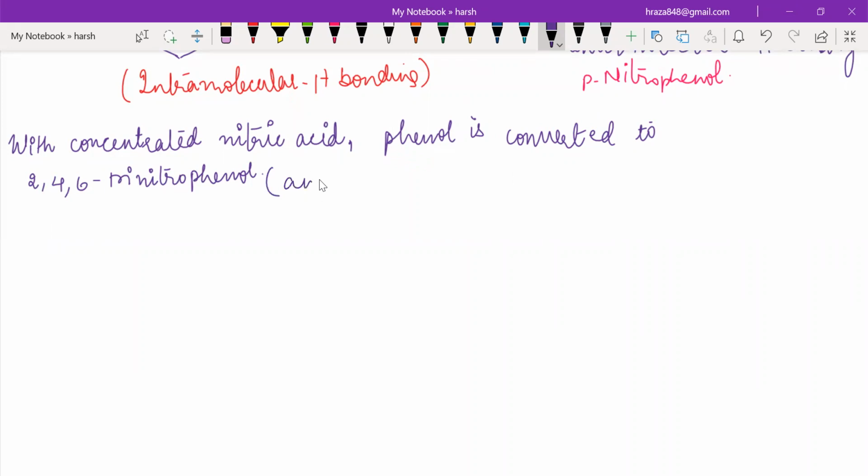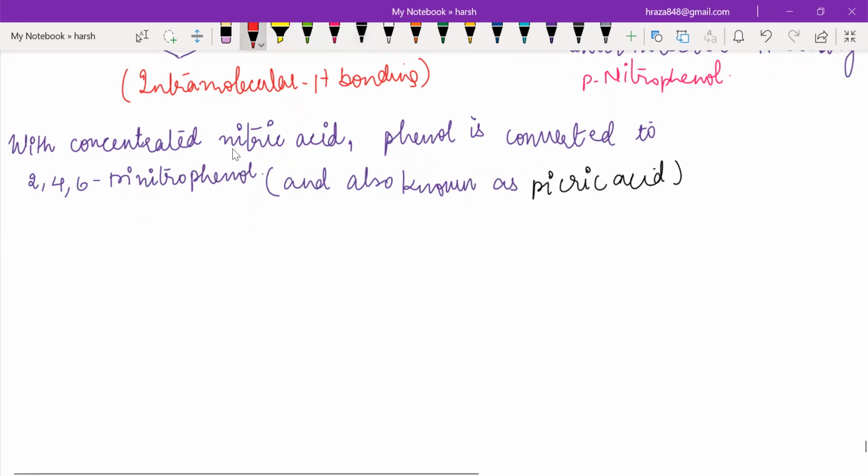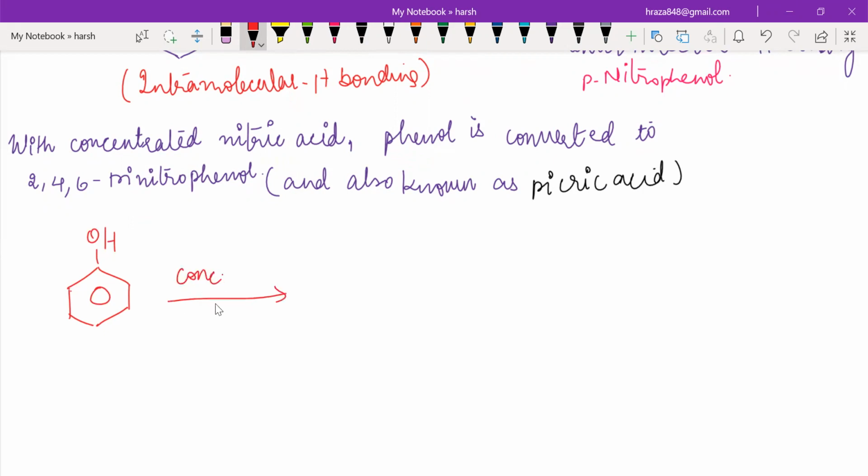The name of this compound is very famous. Picric acid. Yes, picric acid. So you can see how the reaction will take place in the same way as the dilute HNO3 reacted with phenol. Only the difference is we use here concentrated HNO3.